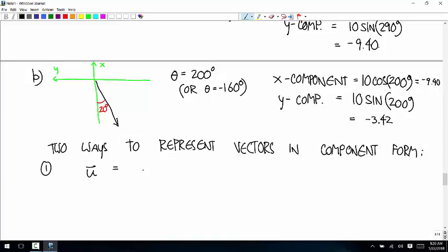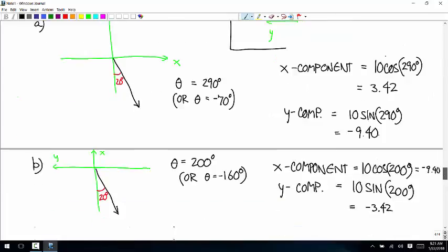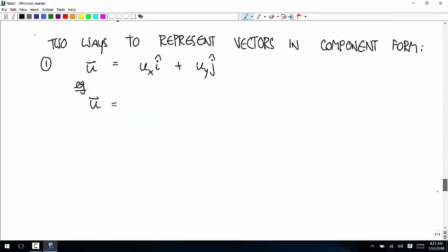The first way is to say the x component of U times this unit vector in the x direction plus the y component of U times the unit vector in the y direction. And so in the example we just did, we would say U is equal to 3.42I minus 9.40J.